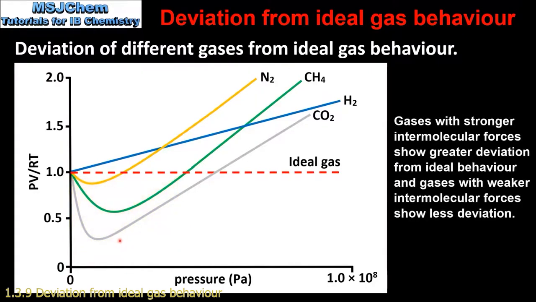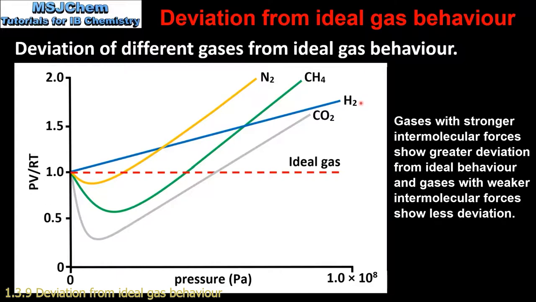Previously, we saw that the deviation at moderately high pressures was because of the effect of intermolecular forces. Both carbon dioxide and methane have stronger intermolecular forces between their molecules than nitrogen and hydrogen. Therefore, they show the greatest deviation at moderately high pressures.